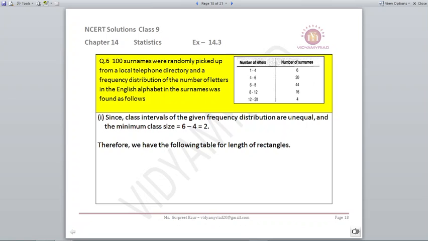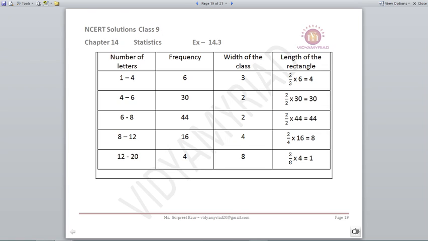Now in this case the minimum class size is 2, and we will make a new table by writing number of letters, frequencies, width of the class. From the width of the class itself you can find out the minimum width. Minimum width is 2. So 2 will remain the same for all, that is the numerator. So 2 upon the width of the class multiplied by the frequency.